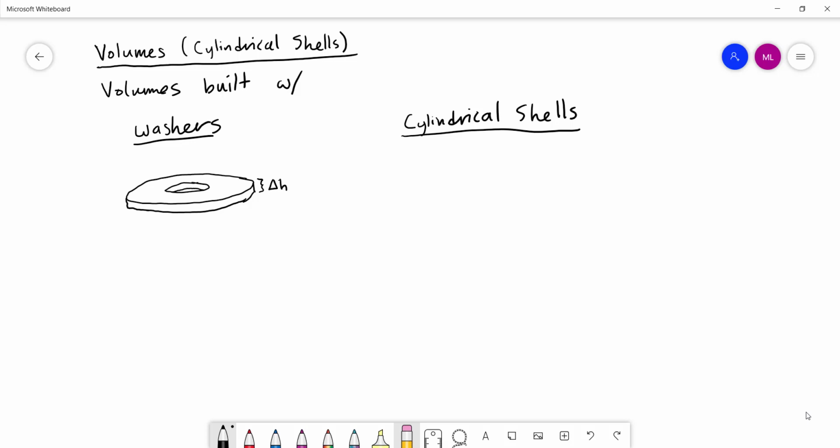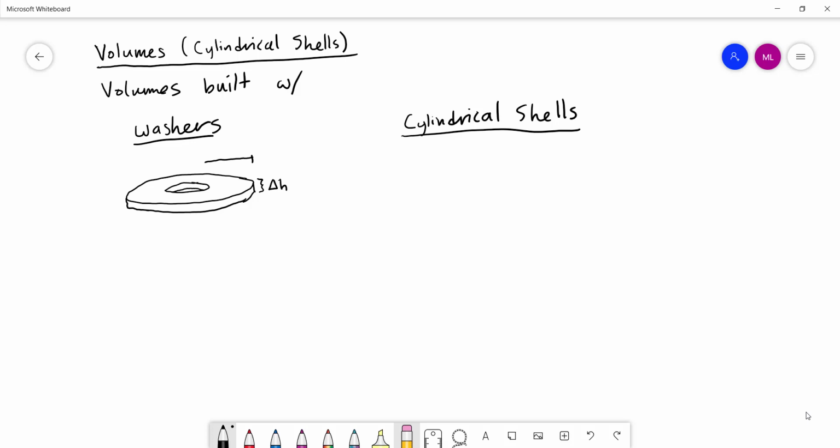And then we had some sort of radius. And that radius was basically measured from the center out, this distance, and we could call it some sort of change in R. And in fact, I drew that incorrectly. Let me measure that up.